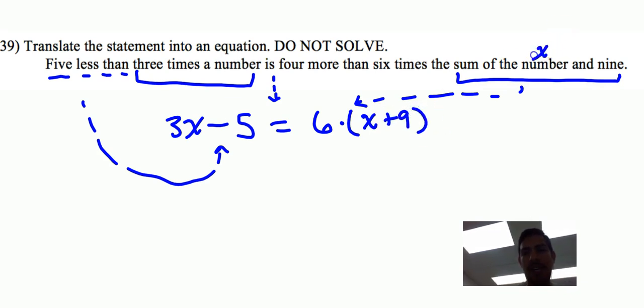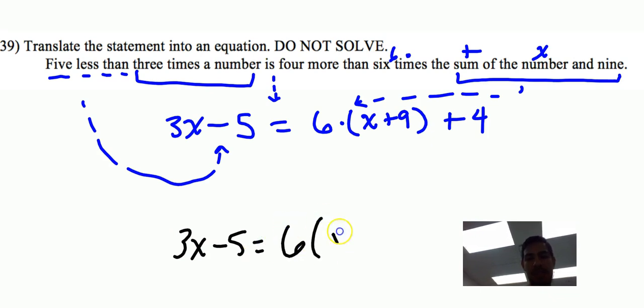Again, a number is x, the sum is plus, 6 was times, and then we have to deal with this 4 more than, so 4 more than is going to go at the end. So the solution is 3x minus 5 equals 6 times (x plus 9) plus 4.